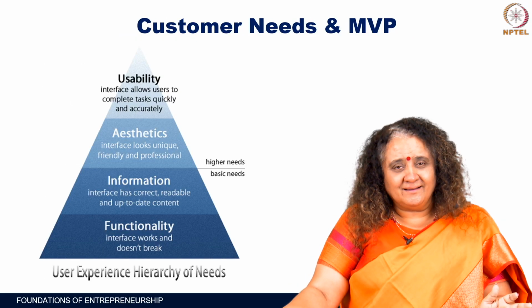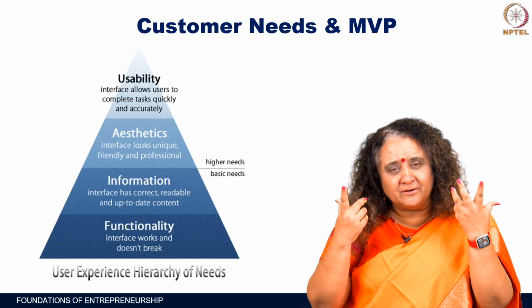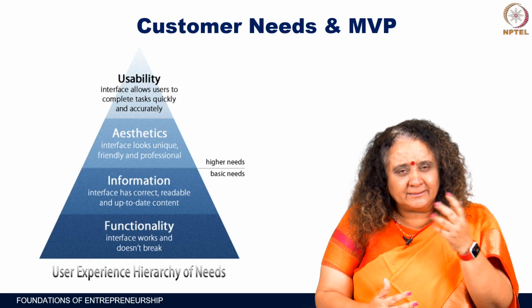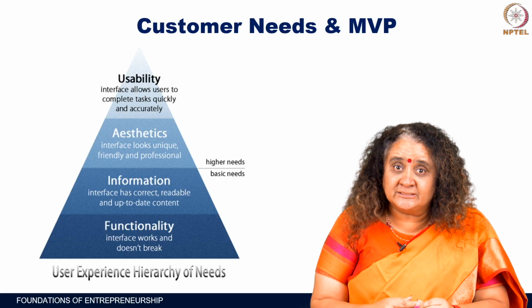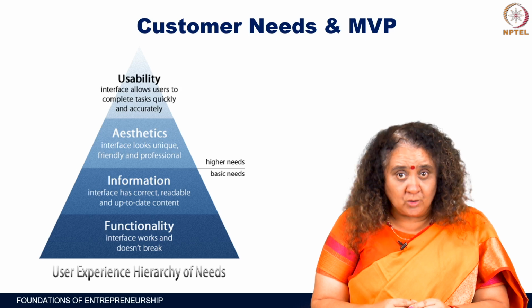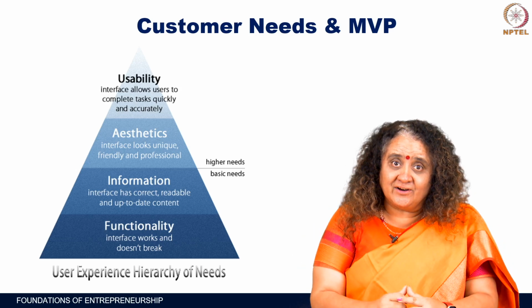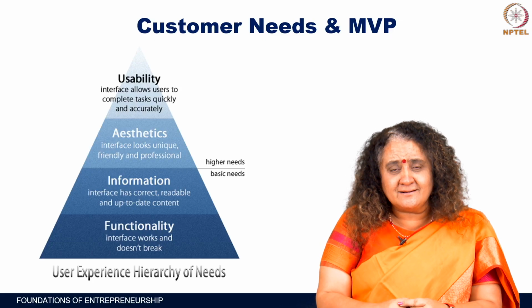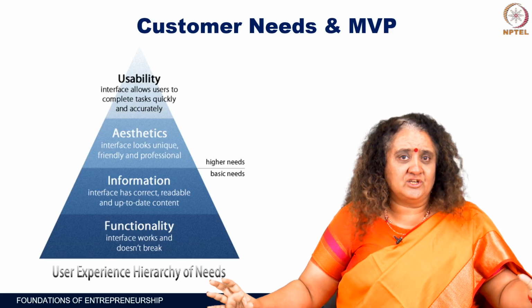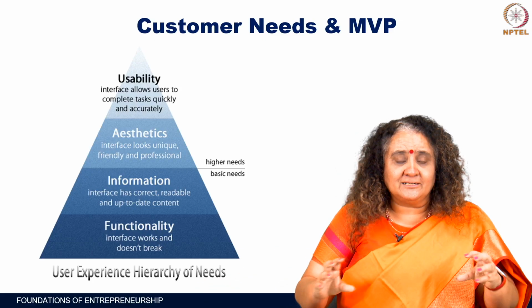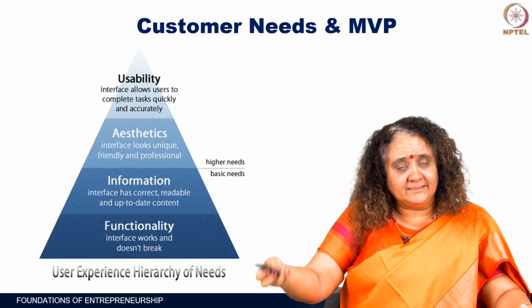This is like we had the pyramid, which we referred to as Maslow's pyramid for customer needs and wants. In this case, this is the pyramid of needs as far as a minimum viable product is concerned. The base requirement is functionality. The product has to do what it said it has to do, right? It has to click.